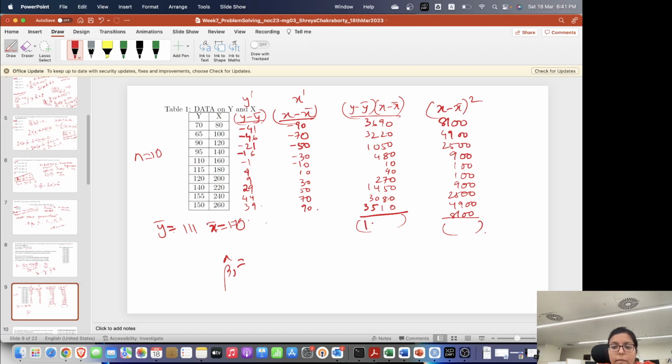So this will come up to 16800, and this will add up to 33000. So then beta 1 hat is 16800 by 33000. This will be 0.509.